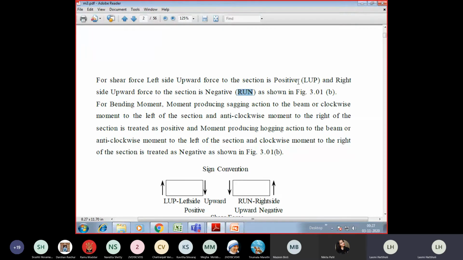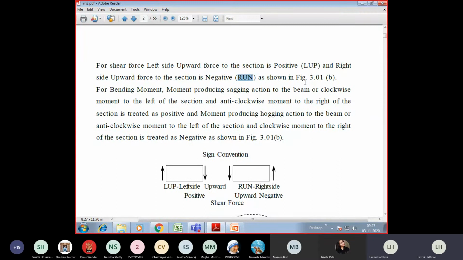So loop in the sense, the sign conventions as it goes. See, loop in the sense, left side upward force positive. What is LUP? Left, upward, positive. L for left, U for up, P for positive. Left side upward force positive. You need to remember this.